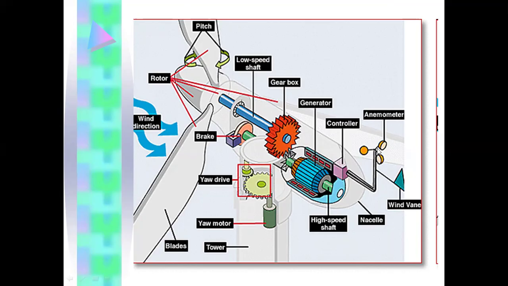It is an anemometer which will sense the air velocity and give a signal to the controller, and eventually the controller will control the whole process when it is needed to apply the brakes or not. If the speed is high, then the controller will send a signal to the brakes, and the shaft will be stopped to avoid any accident.